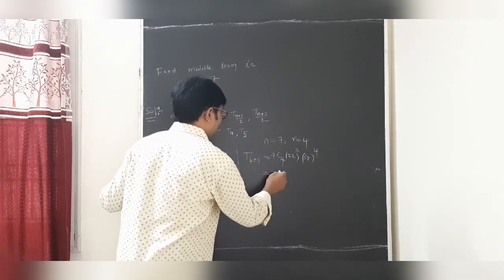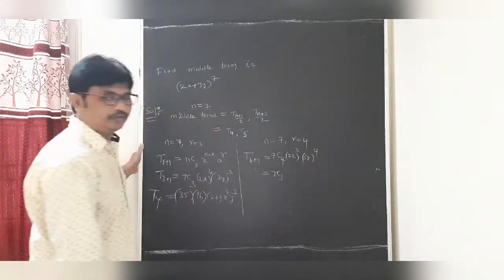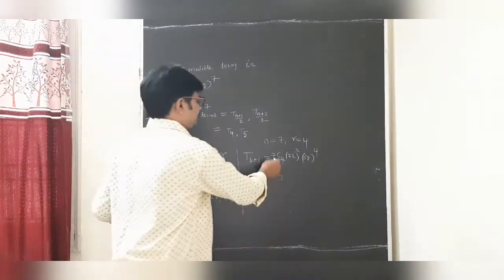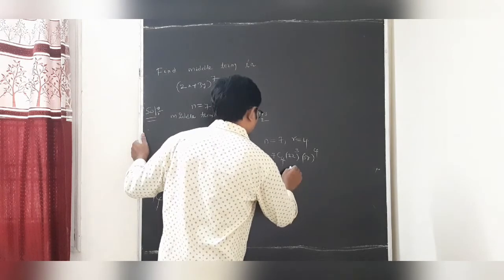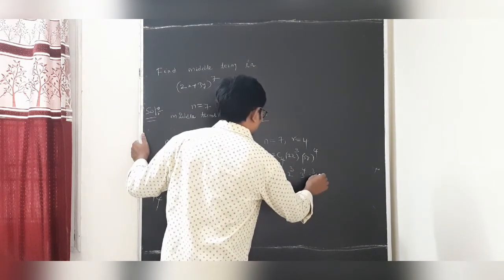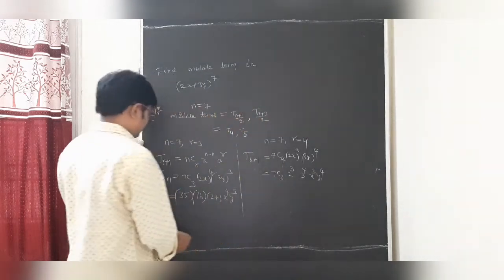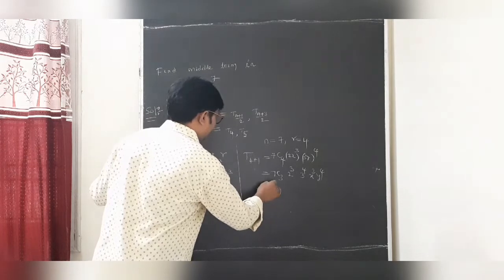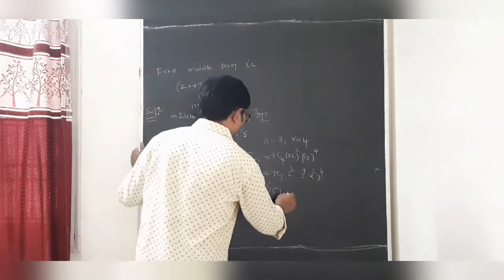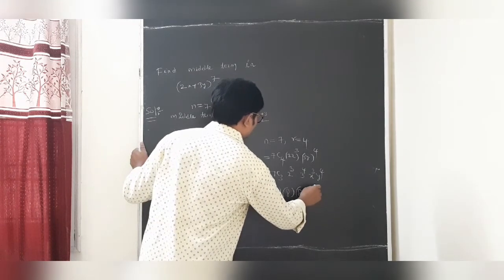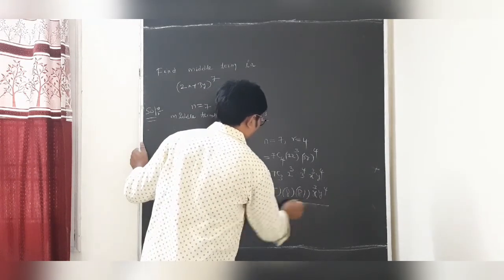7C4 equals 7C3, since nCr = nC(n-r). So this is 7C3 x^3 y^4 times 3^4 and 2^3. The value of 7C3 we just found is 35. And 2 cube is 8, 3 power 4 is 81. So T5 is 35 x 8 x 81 x^3 y^4.